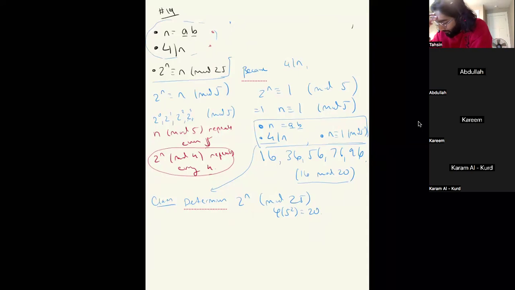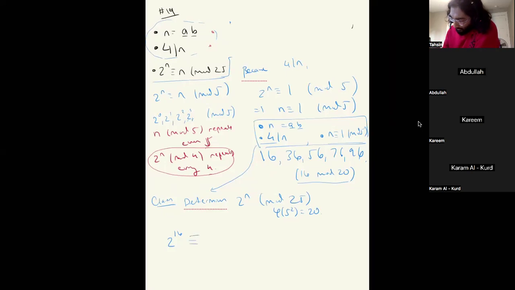Mod 25, so it'll be, can we calculate it? So 2 to the 16 mod 25. How do we calculate that?